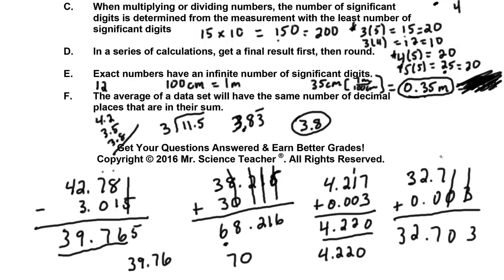Now this one has to the tenths place, but this 0 here, what about this 0? Well, since this number already had to the thousandths place, it was already qualified. So yes, you would be able to say that you can round to this tenths place. So the correct answer would be 32.7.